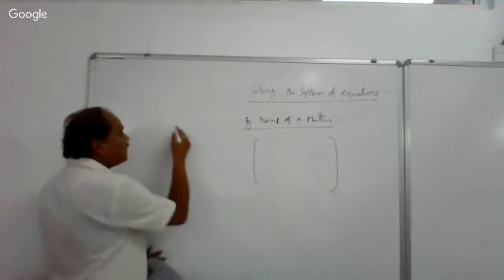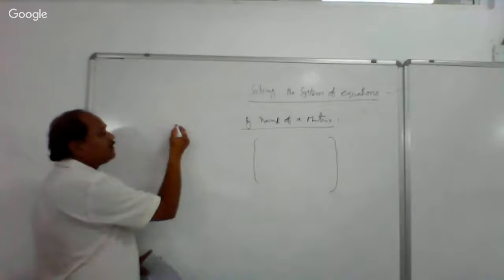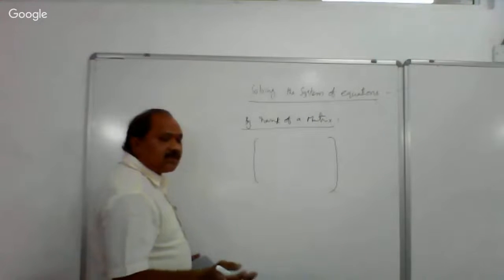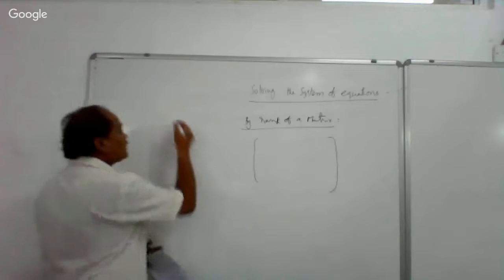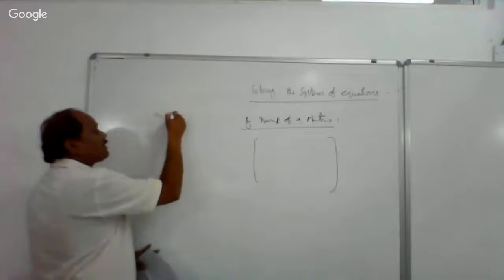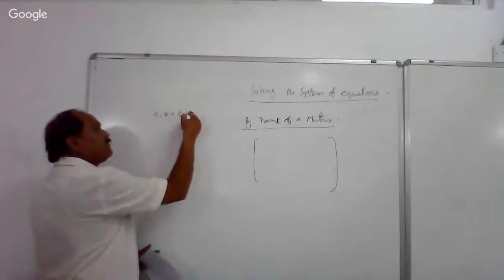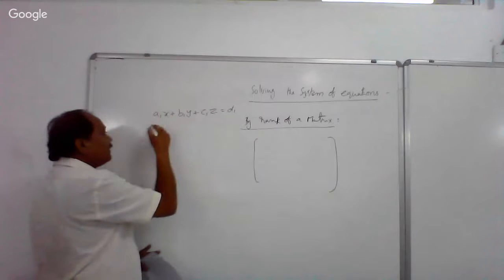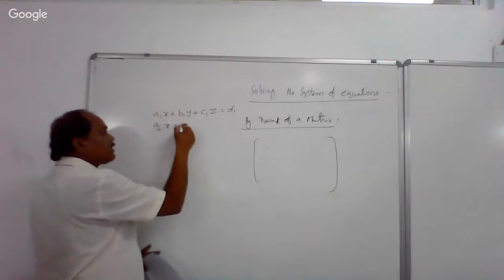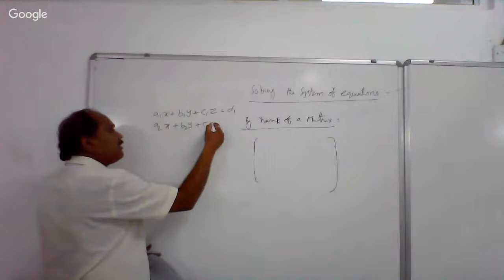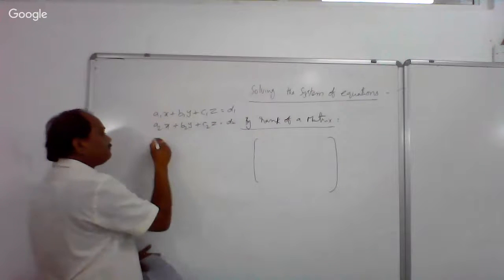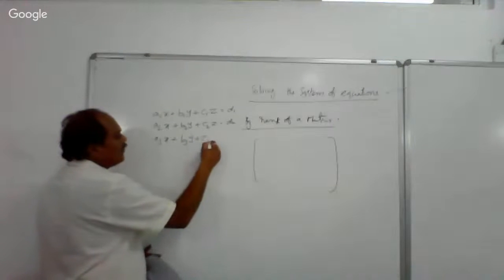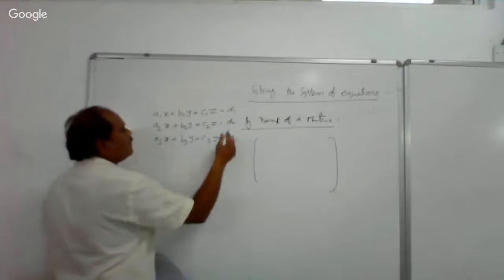Augmented matrix means, here suppose a system of non-homogeneous equations: a1x plus b1y plus c1z equal to d1, a2x plus b2y plus c2z equal to d2, a3x plus b3y plus c3z equal to d3.